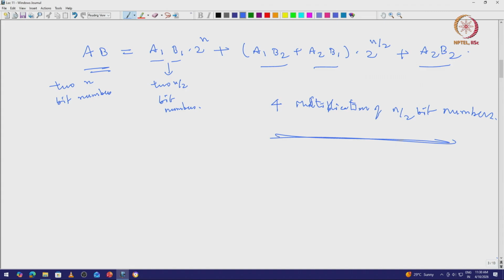That is very simple. This is a 2 n bit number, this is all added only order n, maybe 6 n, 5 n. Therefore, T of n equals 4 times T of n by 2 plus, let us say, order n.